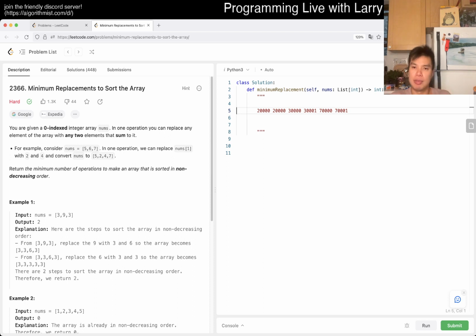But then what was the case that I have? Something like this. Okay, so how do we check this? Like, how do we know what to break this down to?